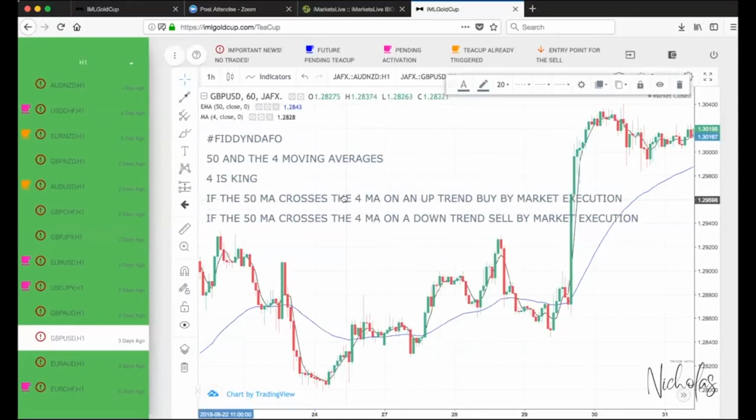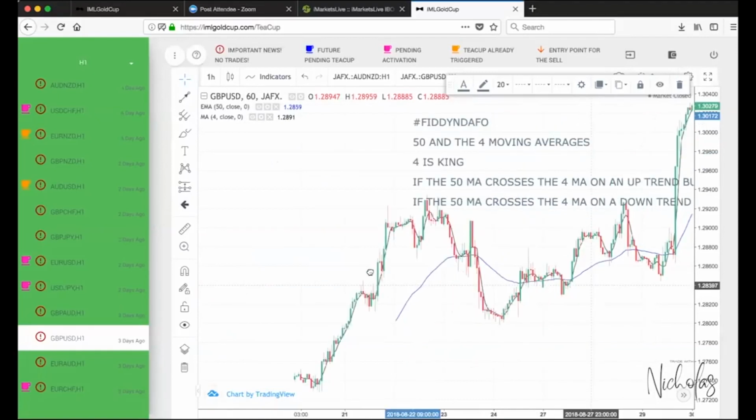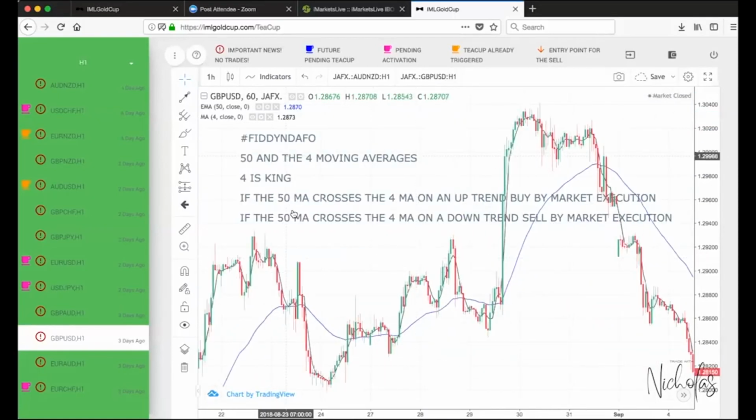So here are the rules. If the 50 moving average crosses the 4 moving average on an uptrend, so remember the 4 is king. We're looking for the 4 to be on an uptrend, okay? So if the 50 crosses the 4 and the 4 is on an uptrend, you're going to buy, right?